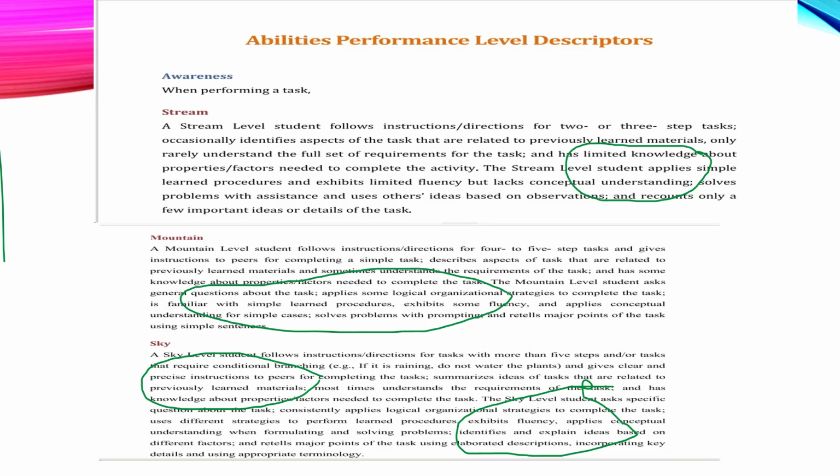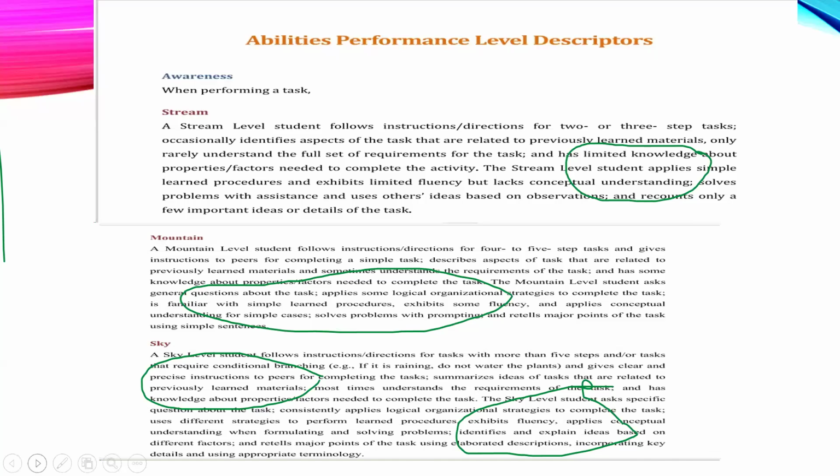They have explained in detail in the document that a child with limited knowledge who applies simple learned procedures is at the stream level. A child who asks general questions, does logical organization, or solves problems and understands 4 to 5 steps at a time is at the mountain level. And then there is the sky level, which is super advanced, like you give the activity and it's done, and they'll come up with new ideas and they'll help others.